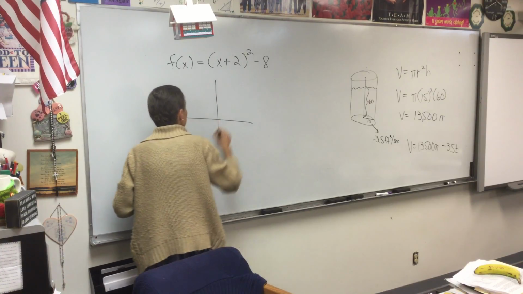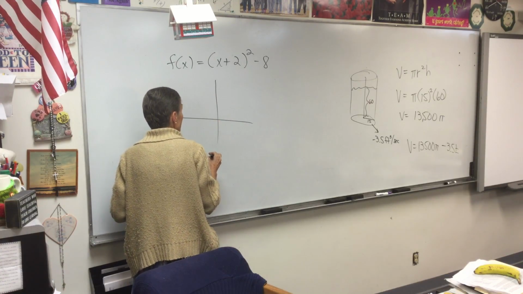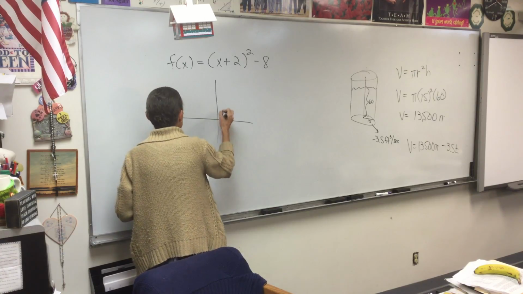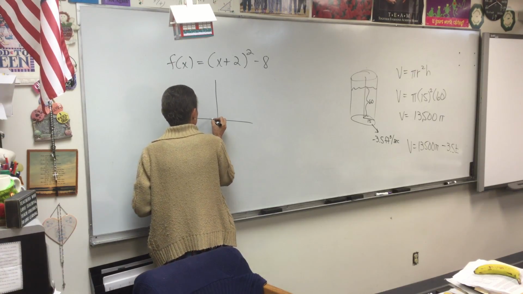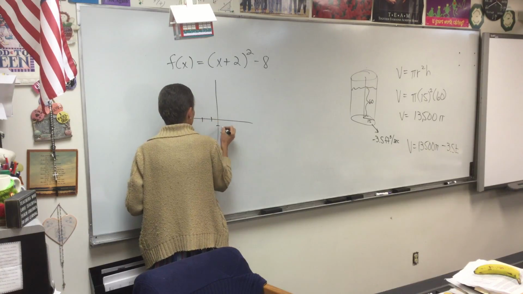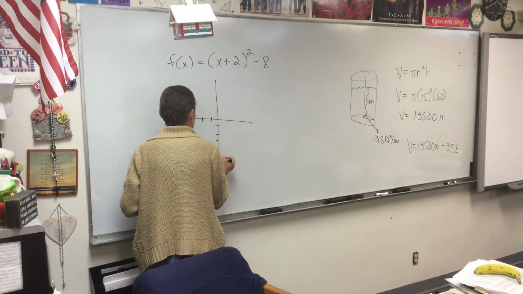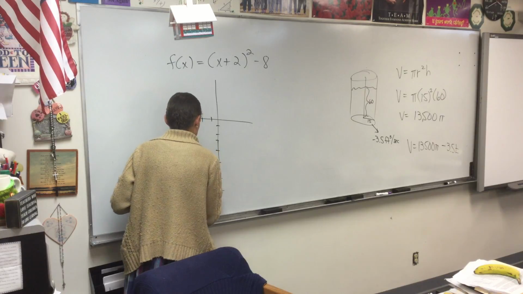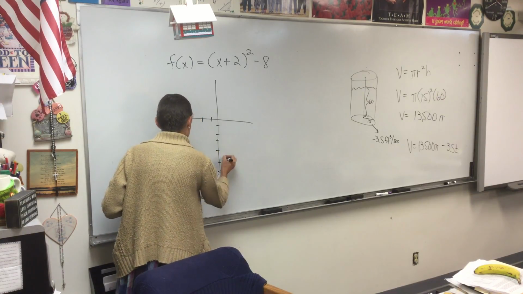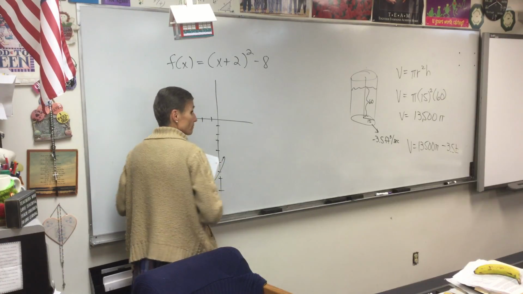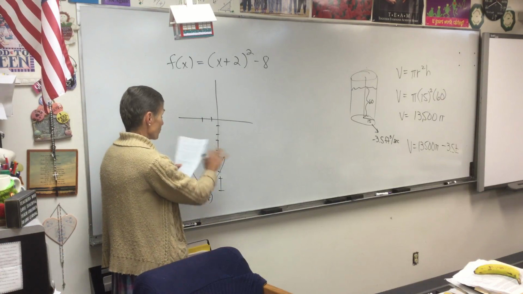A parabola. And it's not vertex at the origin anymore, it's vertex where? Well, it's going to go left 2 and down 8. So you got a parabola that's here at -2, -8. Everybody okay with that? Okay, that's what I'm starting with.